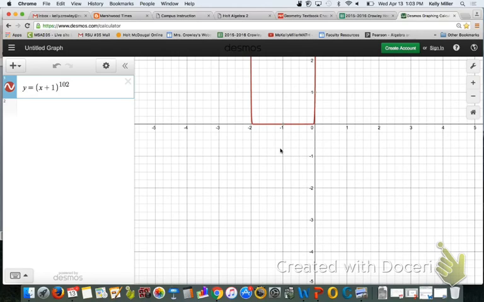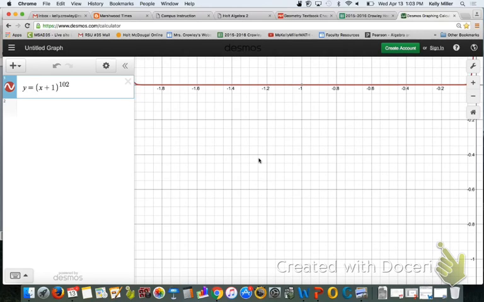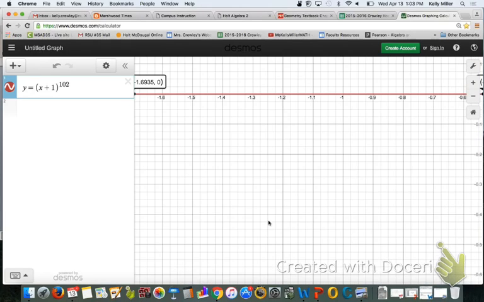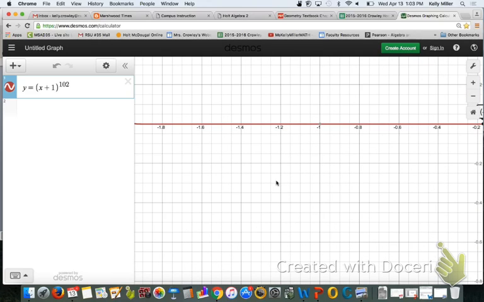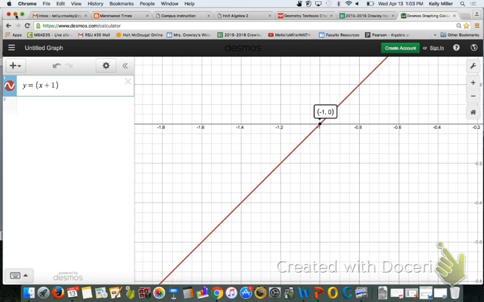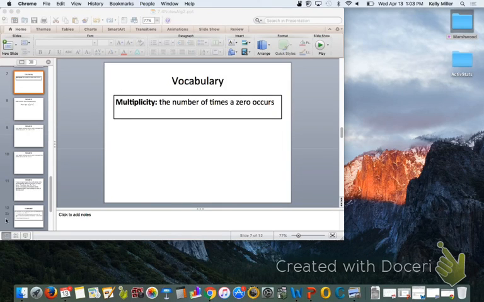If I zoom in on that, I can't zoom in any further, but it still gets closer to -1. Okay, so, multiplicities, does that make sense? Got multiplicity? Yes.